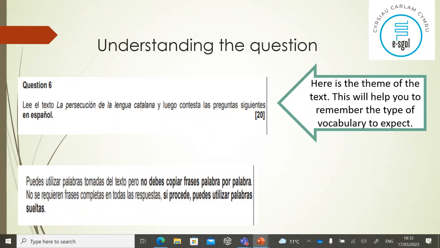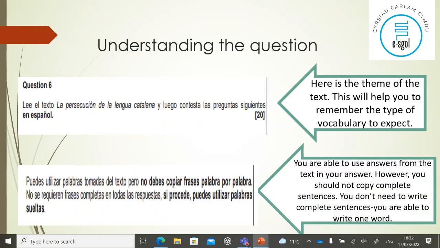Sometimes we can find as well that it says, puedes utilizar palabras tomadas del texto, pero no debes copiar frases palabra por palabra. No se requieren frases completas en toda la respuesta. Si procede, puedes utilizar palabras sueltas. So to answer in Spanish, you can use some words from the text, but you should not copy complete sentences as they are.